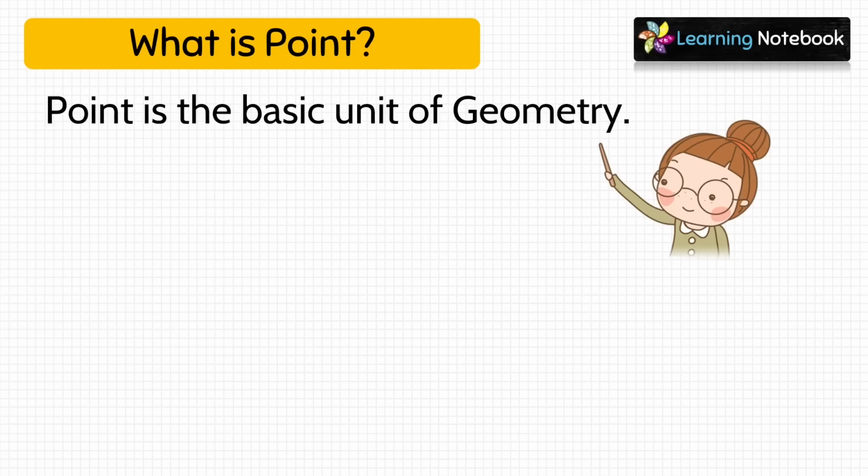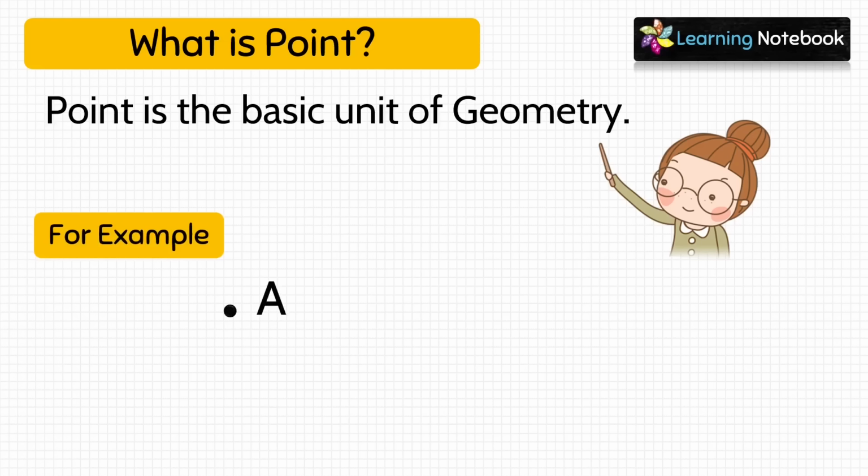It has no dimensions. That means a point has no length, breadth or height. A point is represented by a dot and it is named with a capital letter. For example, this is point A, point B and point X.